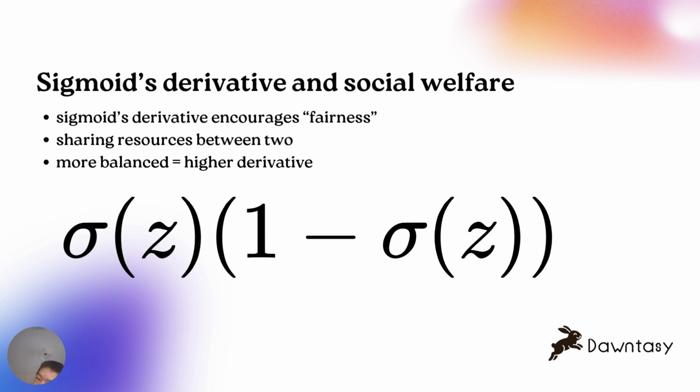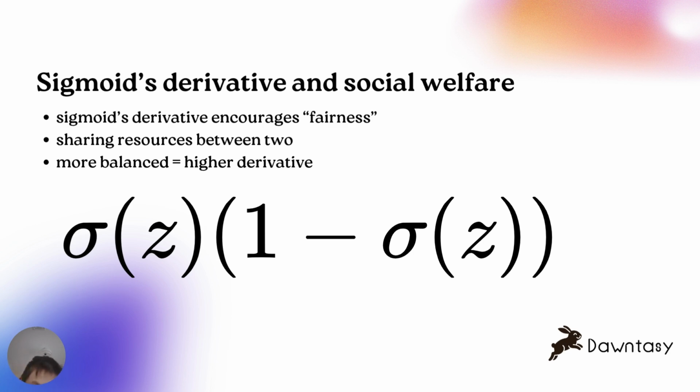But if they are more balanced, like if both of them got equal amounts, 0.5 and 0.5 respectively, then 0.5 times 0.5 equals 0.25. As you can see, this is much, much higher. So it's basically like saying the more balanced this is, the higher the derivative is. The more fair it is, basically.